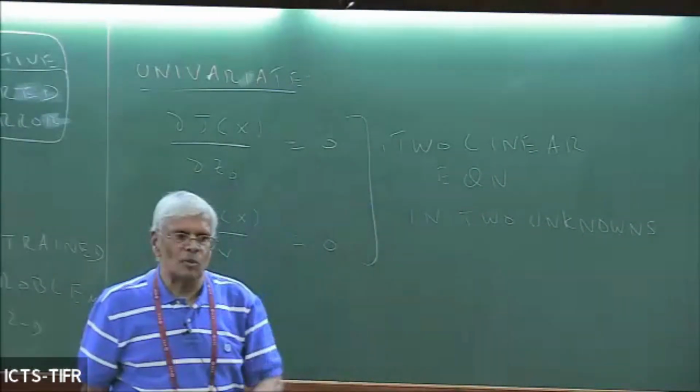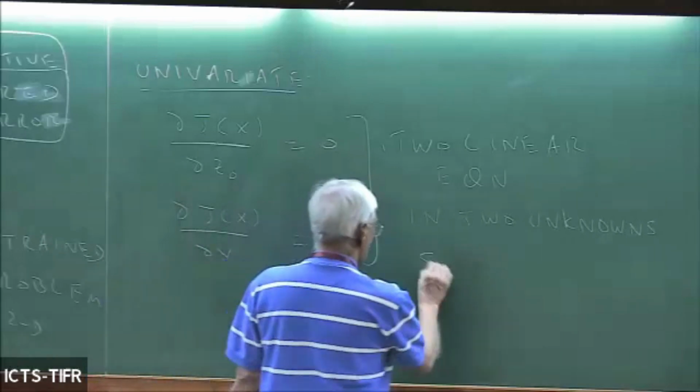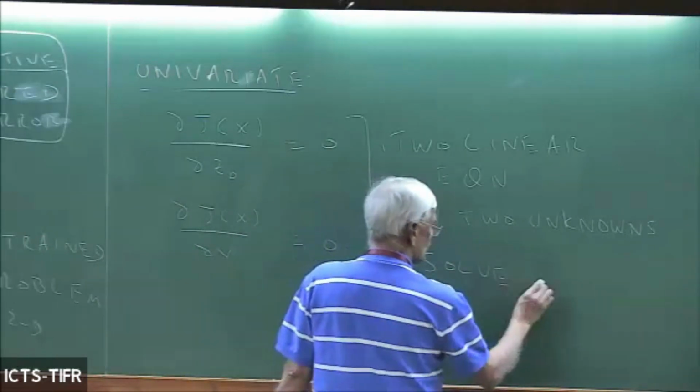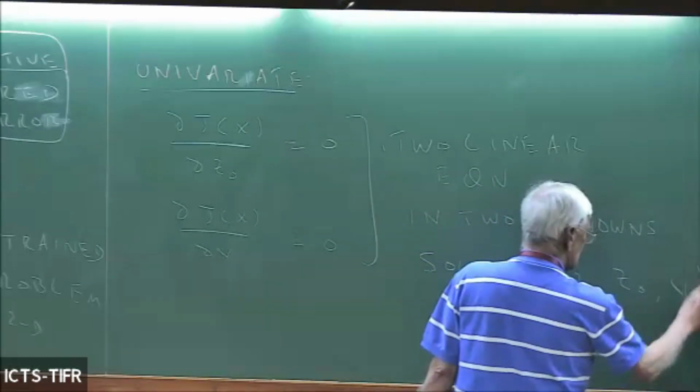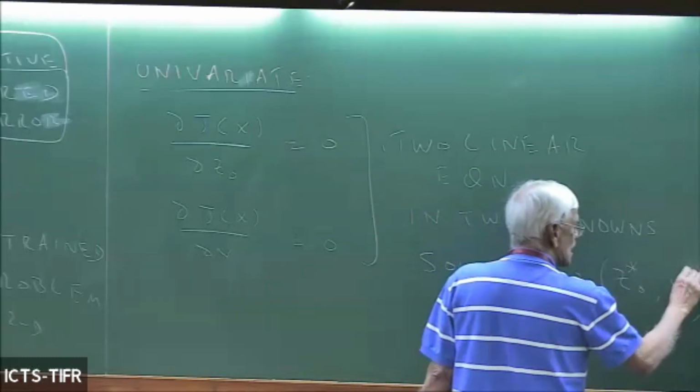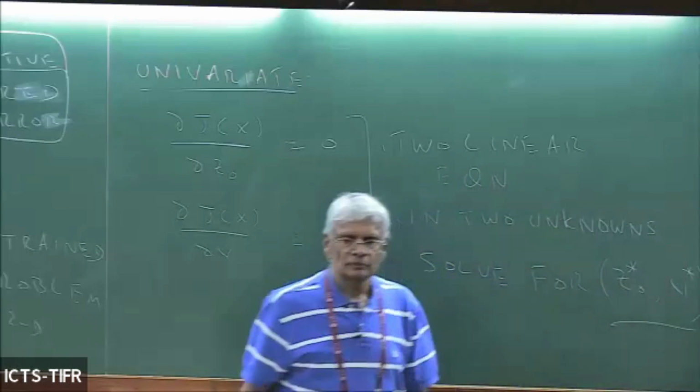Linear simultaneous equations, solve for Z0 and V. The solution is the optimal solution. I'm going to call it Z0 star and V star.